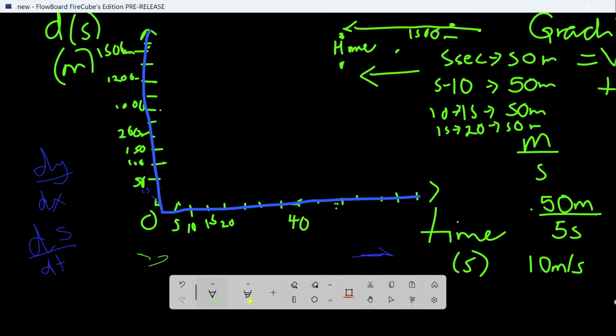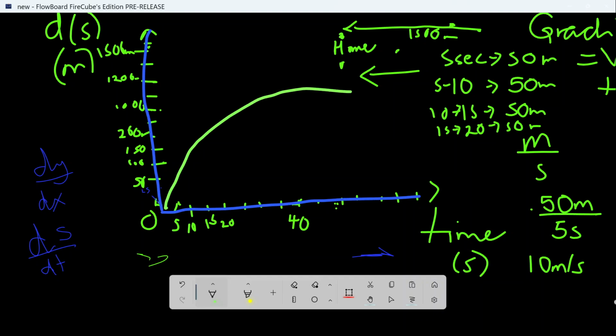Speed reducing means gradient must be reducing. So we must start out with a very high gradient, something super steep, and then as time goes on, the gradient reduces, getting less and less steep, until finally the gradient is coming to 0. Let's draw it in one go, so it will come out more smooth. So it will look something like that.